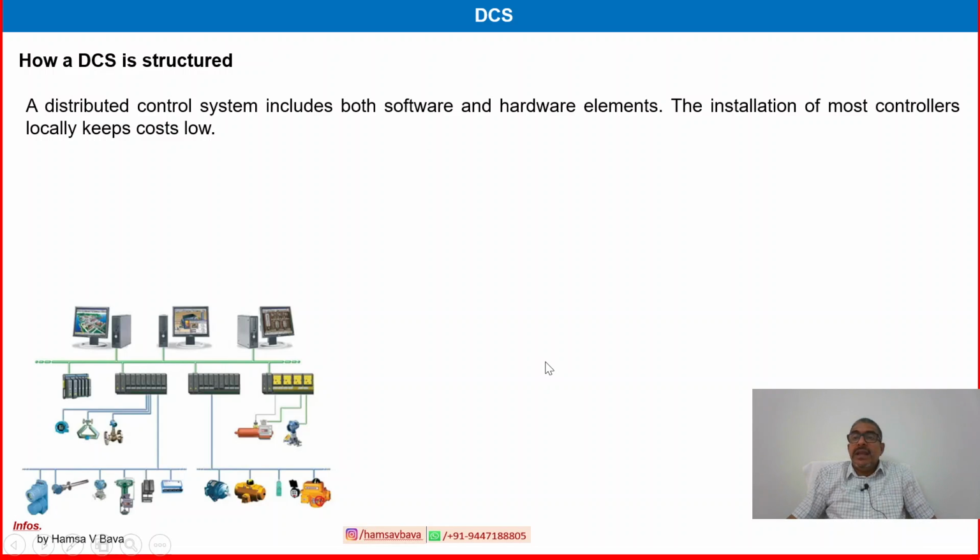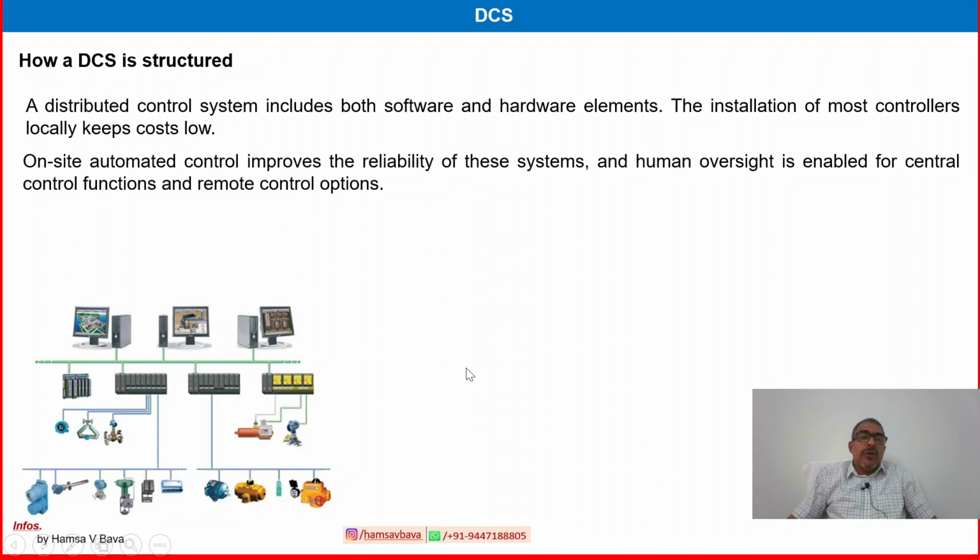This installation of most controllers locally keeps cost low. On-site automated control improves the reliability of the system, and human oversight is enabled for central control functions and remote control options.